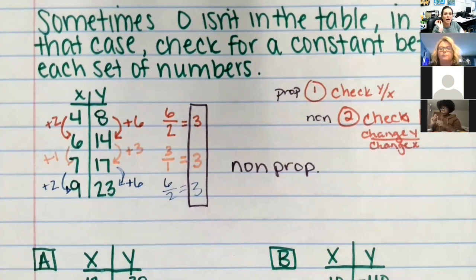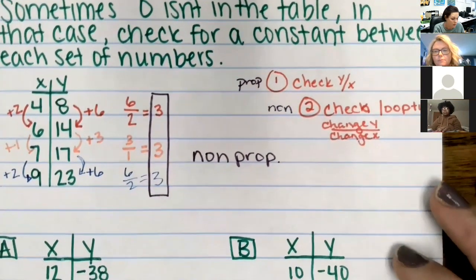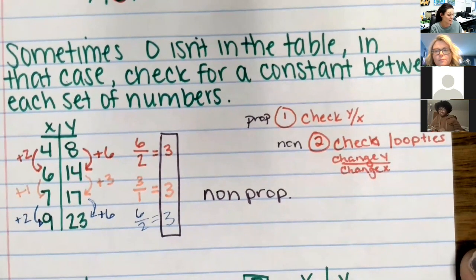Okay. Now I want you to honestly advocate for yourself. Do you want to do another one together, or do you want to do one in the breakout rooms? Breakout rooms. Okay, I'm going to give you 2 in the breakout rooms to make it worth your while. I will tell you one of them is proportional and one of them is not proportional.